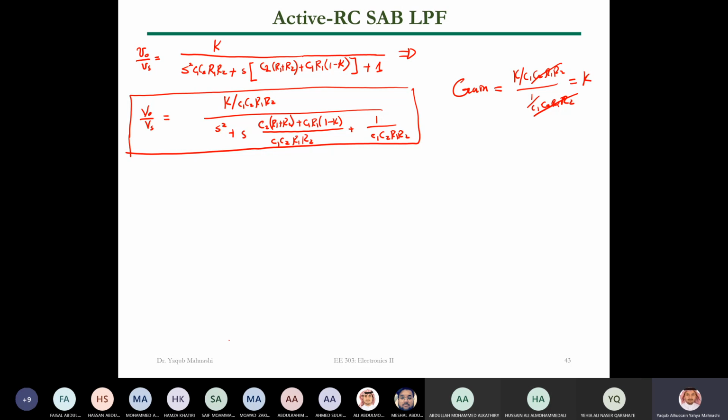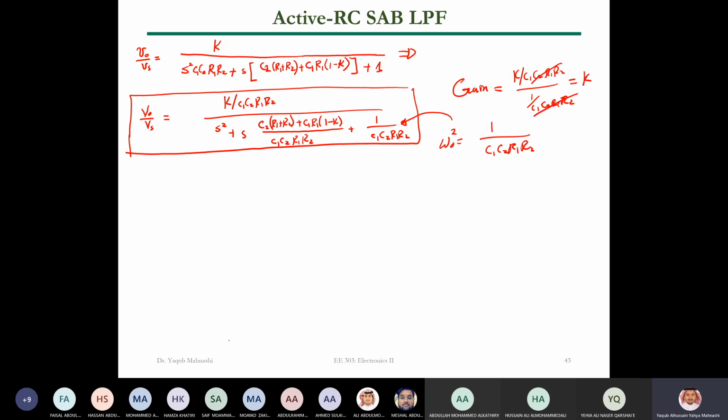And then what we know about the corner frequency should be obvious. Let's make it in omega. So omega squared is 1 over C1 C2 R1 R2, which is this term here, right? As I said, this is because we make it in standard form. Then you can get all of these values.